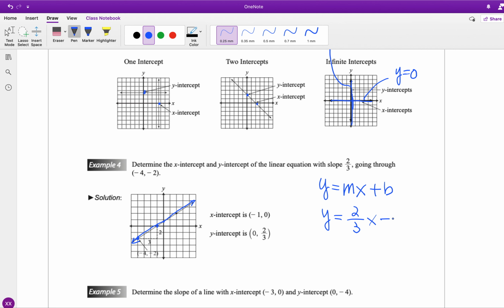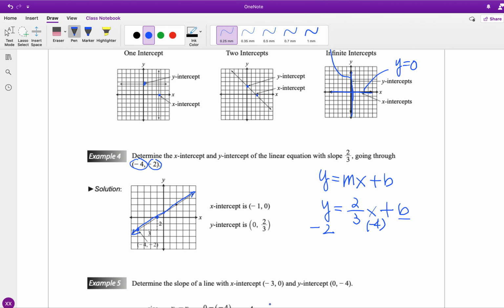You only do not know what b is. Now let's take a look, because it says that this line goes through this point. So it means when your x equals -4, your y must be -2.